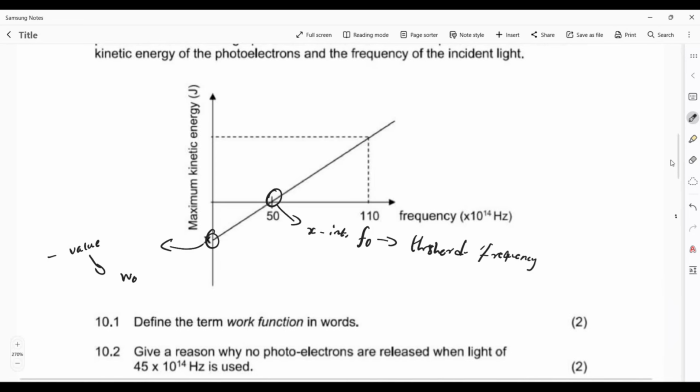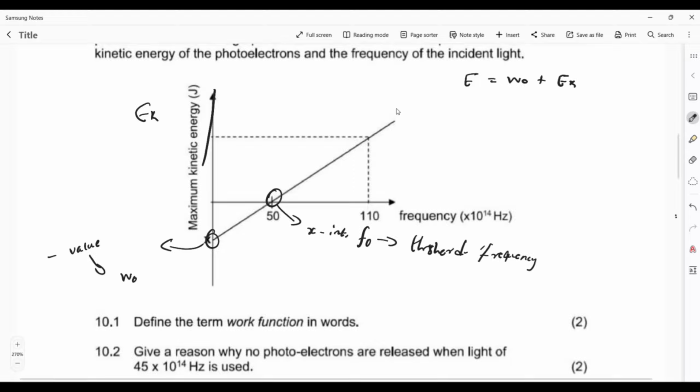According to what we did yesterday, we said E is equal to WO plus EK. And I asked myself, what is my y-intercept? My y-intercept represents the EK.